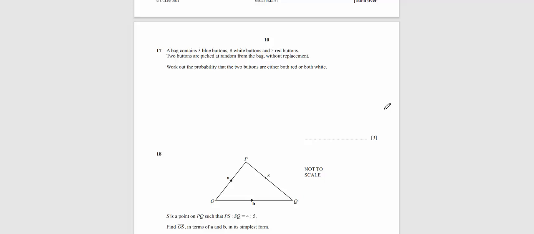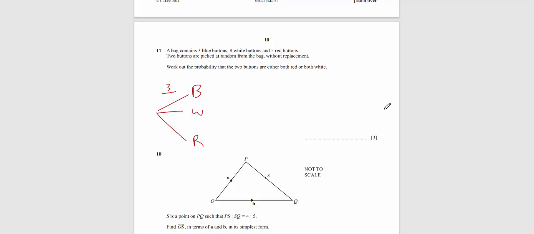So to find this, the easiest way is you can draw a tree diagram first. So we have blue, we have white, and we have red. The blue one is 3. To find the probability, we always have the number of blue buttons over the total number of buttons.